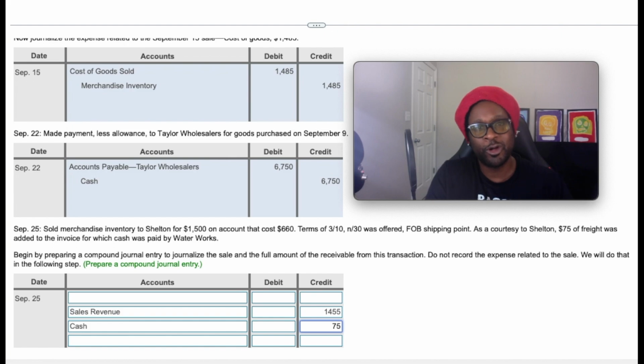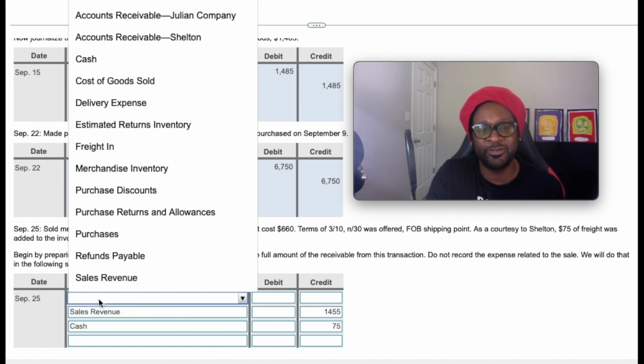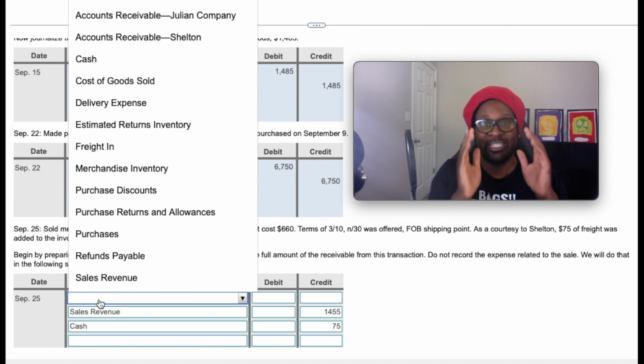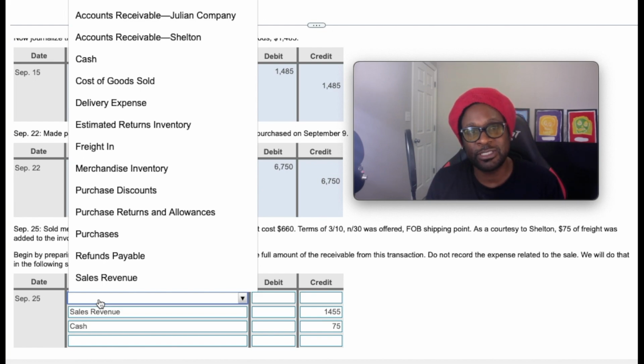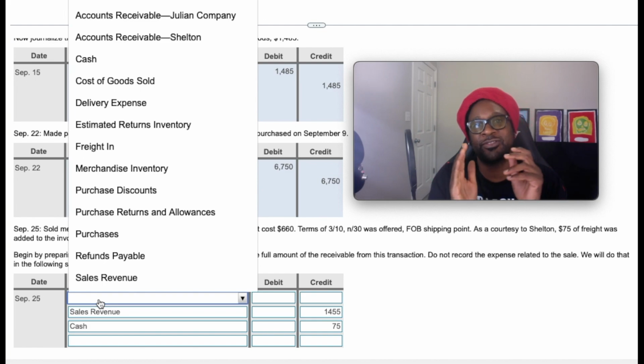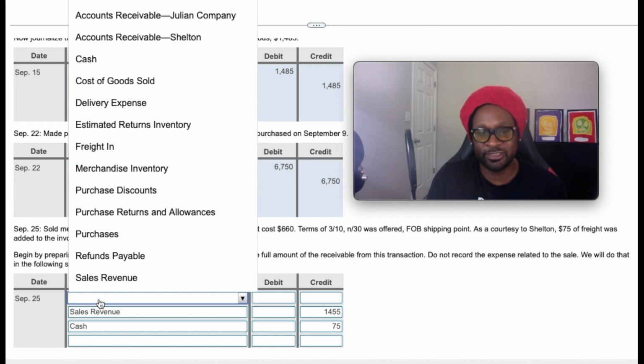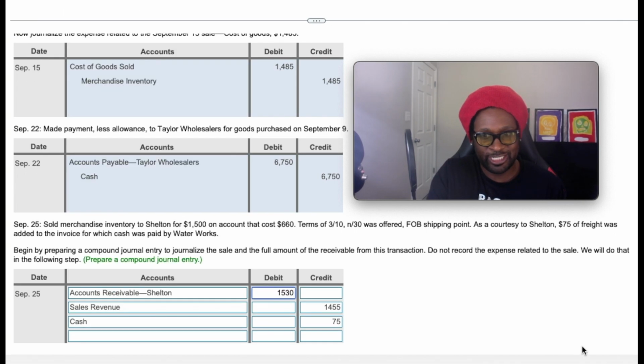Therefore, we're going to reverse engineer this back into the correct amount of our accounts receivable, which consists of the net amount of the actual sale as well as the freight bill, which gives us a total amount of $1,530. We're going to check the answer.